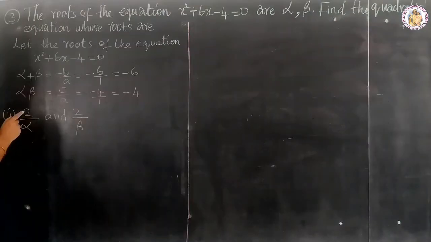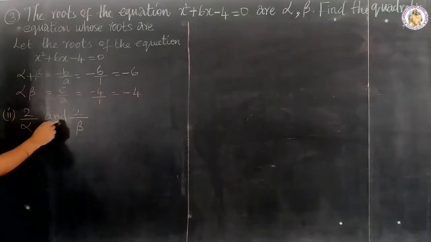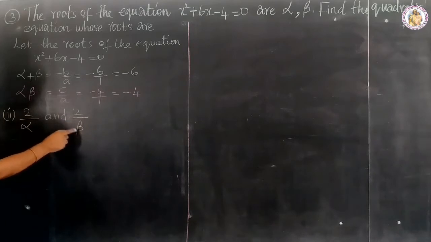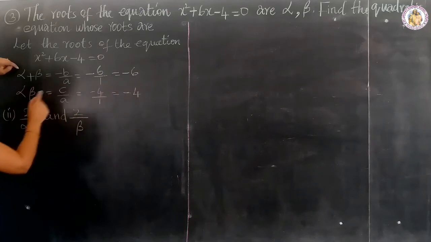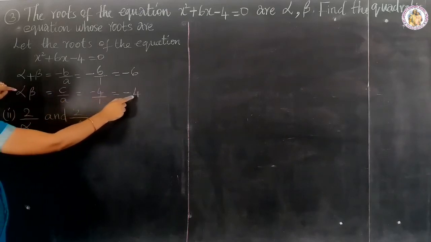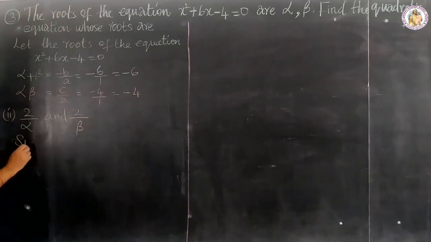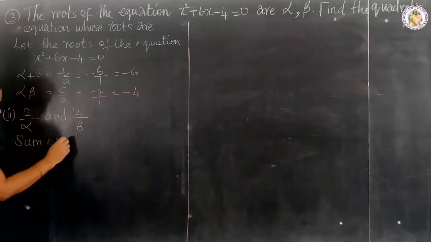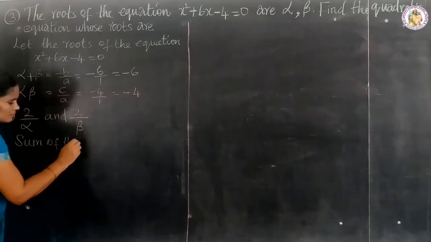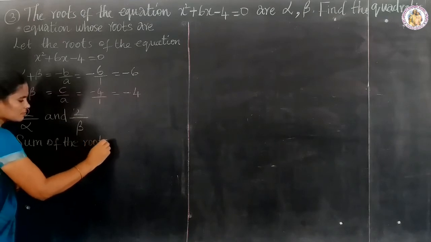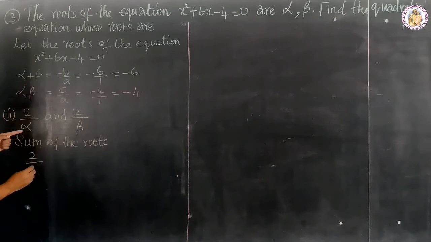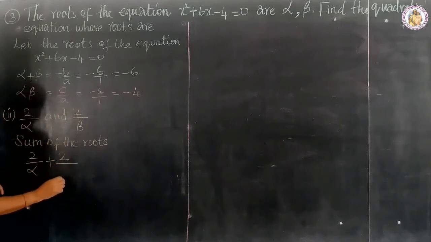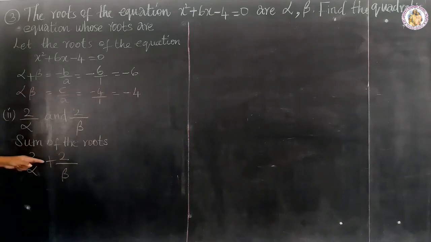Question number 2. 2 divided by alpha and 2 divided by beta. And as we have found out, alpha plus beta is equal to minus 6 and alpha into beta is minus 4. So now sum of the roots is 2 by alpha plus 2 by beta.